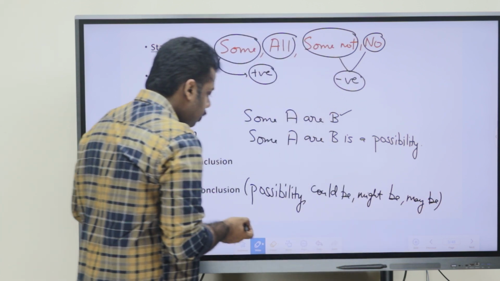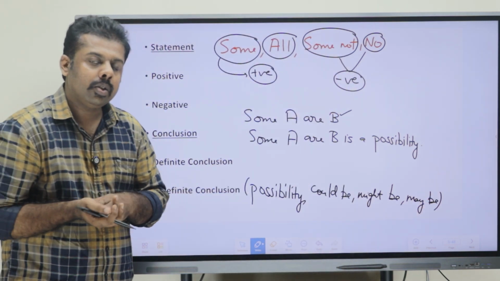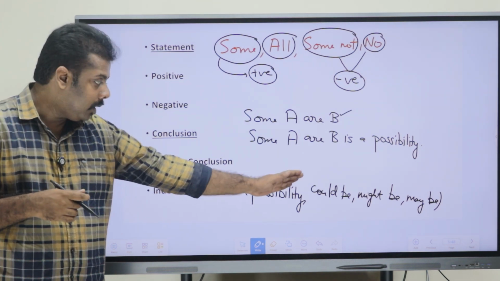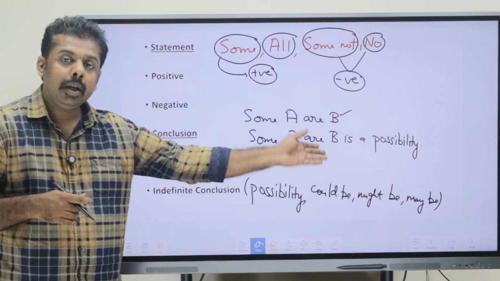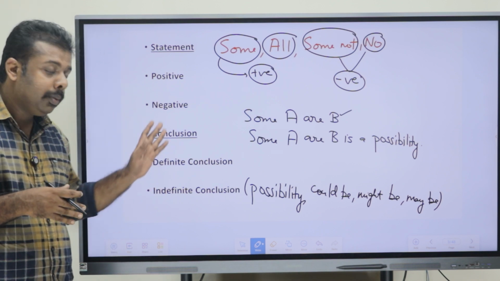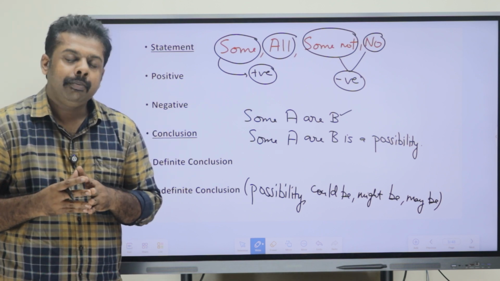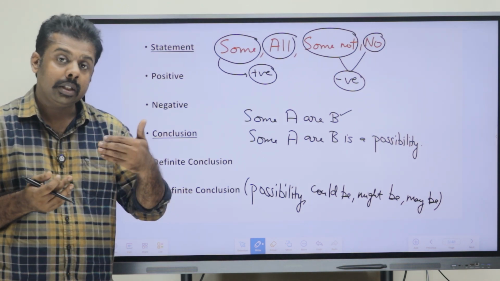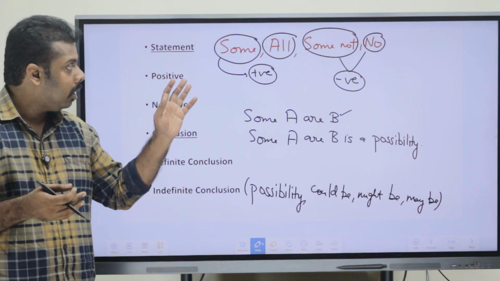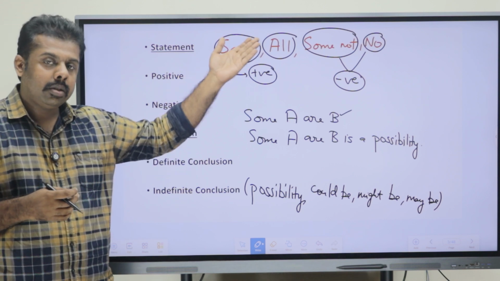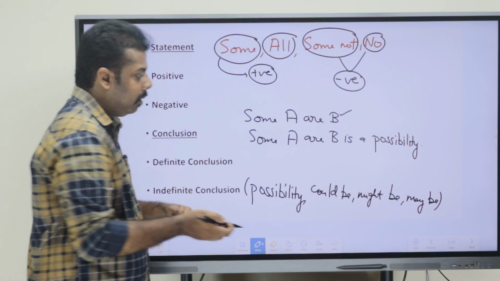Okay, so these words also could be used. If a conclusion has words like possibility, could be, might be, and maybe attached to it, you can easily understand that it has to be an indefinite conclusion. Okay, so these are mainly the basics. Now we are going to discuss in detail our keywords. As we said, they are some, all, some not, and no.